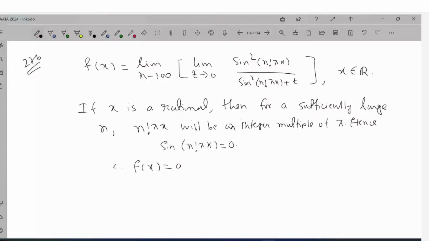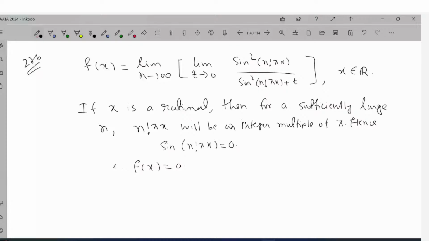If you take limit t tends to 0, then you cannot cancel, because if it becomes 0 you cannot cancel. Otherwise, obviously you can. So if x is an irrational number, then that is not equal to 0. It cannot be 0. So we can now take limit t tends to 0 and cancel out, it will become 1.